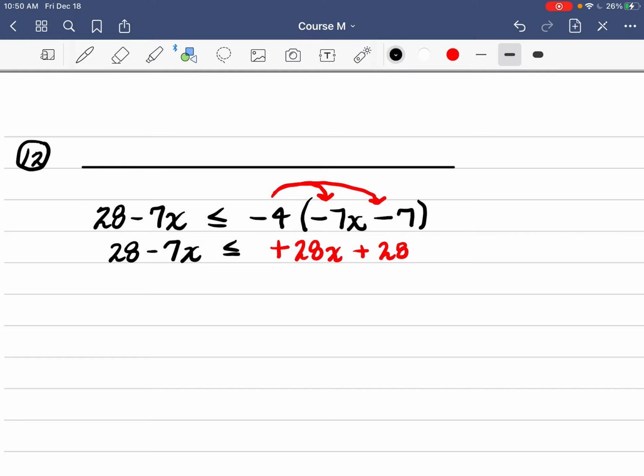Draw your power T. You have 2 variables separated. You've got negative 7x on the left and positive 28x on the right. The positive 28x is your boss.